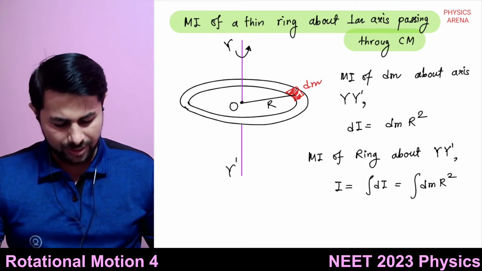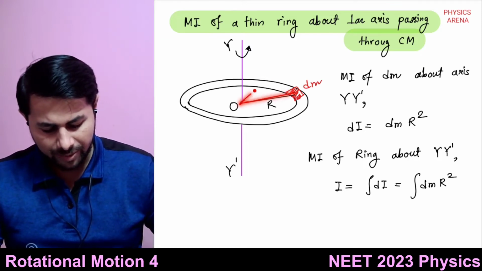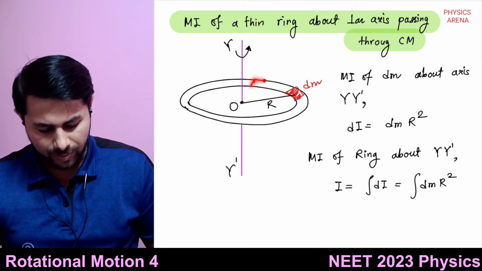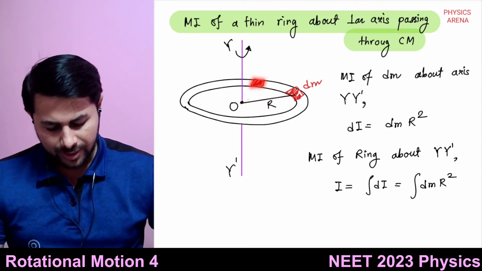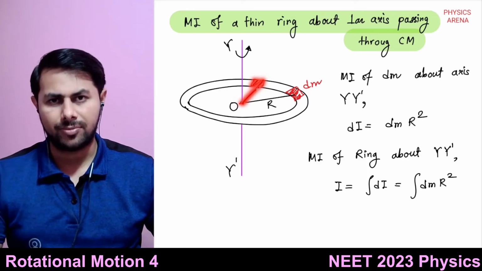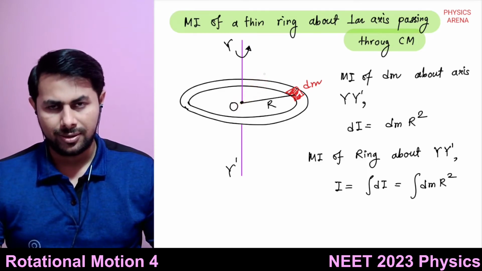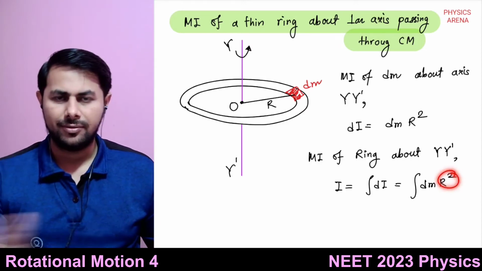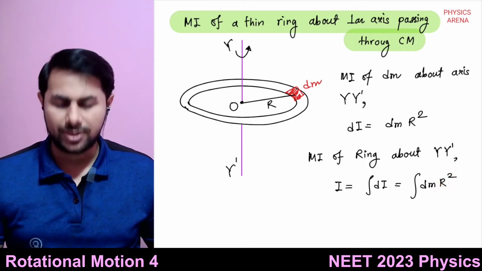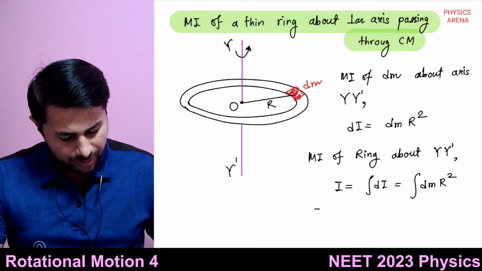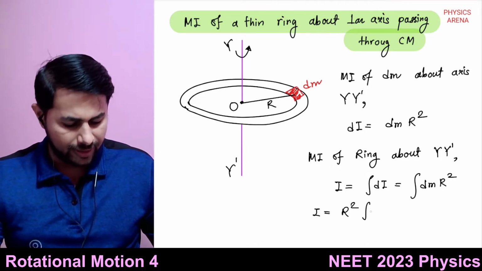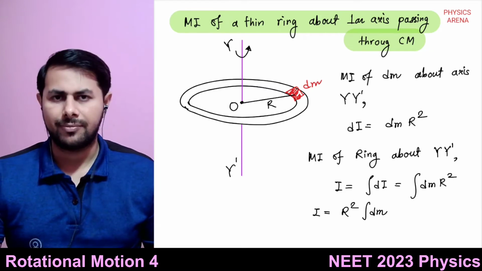And here you can see r will be equal wherever you choose any small mass on this ring; its distance from the center of the ring will be r. So r is constant. Whatever is constant, you can take it outside of the integral. So you have I equals r square integral of dm.